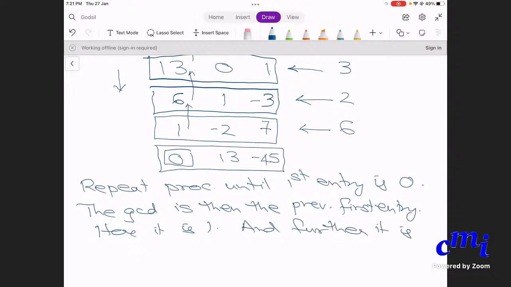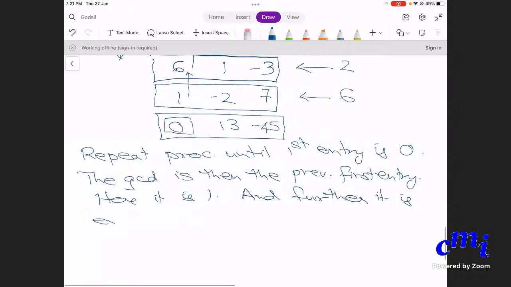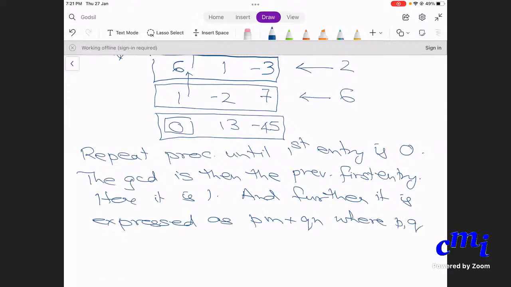And further, it is expressed as Pm plus Qn, where P and Q are the second and third entries of that row. So in this case, minus 2 and 7.